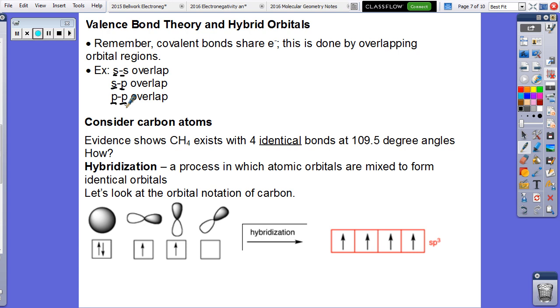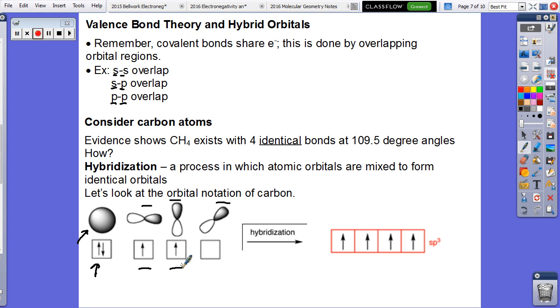with what carbon has as an atom on its own? So to understand that, let's look at the actual orbital notation of carbon to see what's going on. In its valence shell, there is an S subshell that has 2 electrons, and then in its P subshell, remember that P has 3 orbitals, and carbon as an atom only needs to use 2 of those.